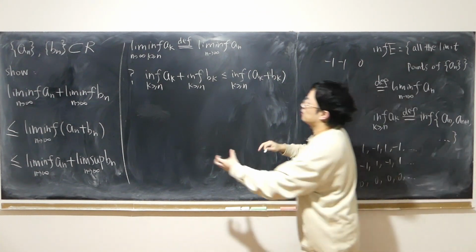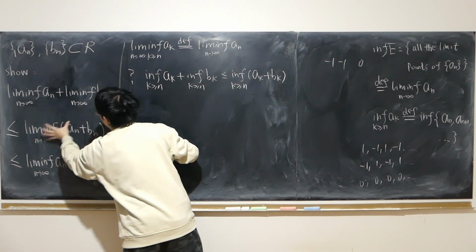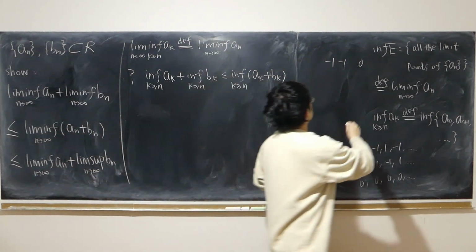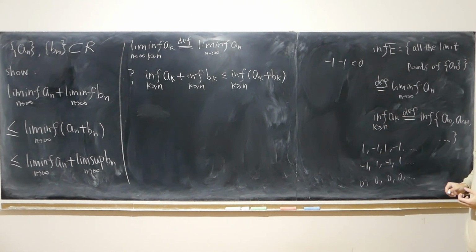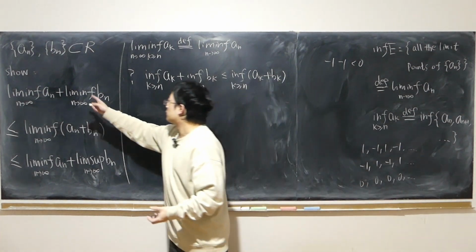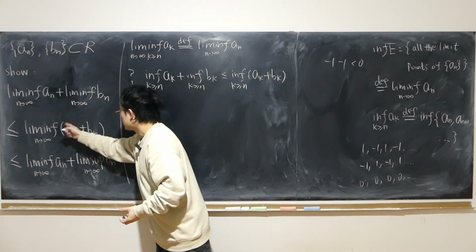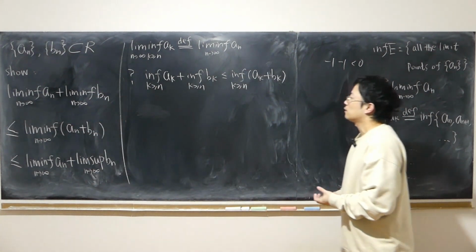So negative 1 plus negative 1, is it less than 0? Of course, obviously true. In some cases they may equal each other, but the left can never be bigger than the right. It's always less than or equal to.